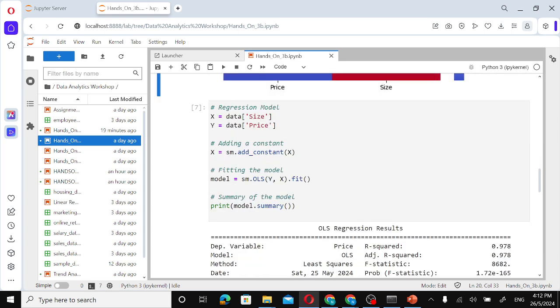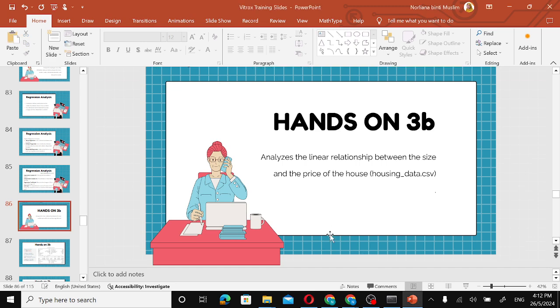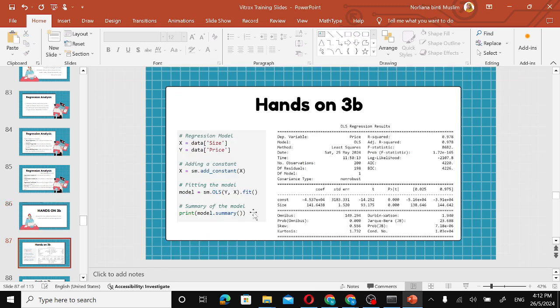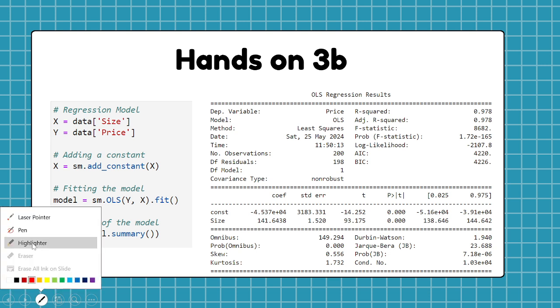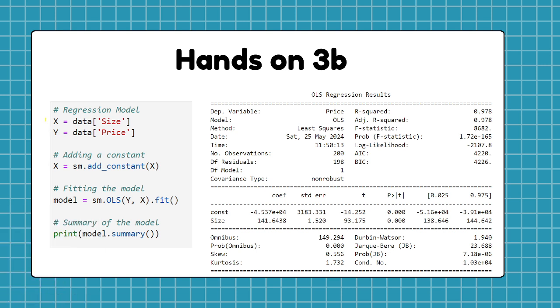Due to this correlation value, we proceed with the regression. For this regression, first we need to specify which variable is x and which is y.